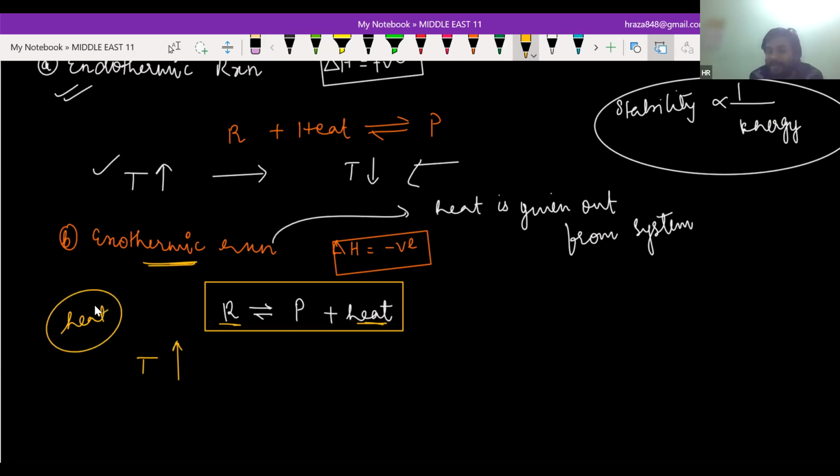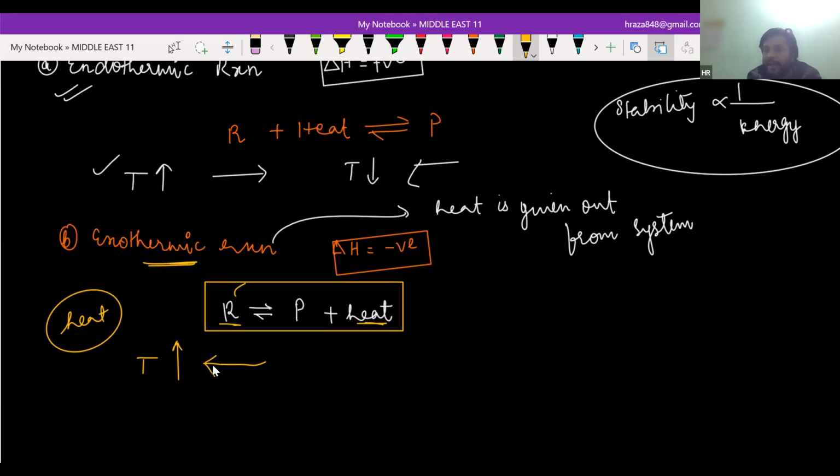That heat energy is not required for this reactant because it already has a lot of heat to release. So increasing the temperature is an unfavorable condition for this reaction, so it will go backward.